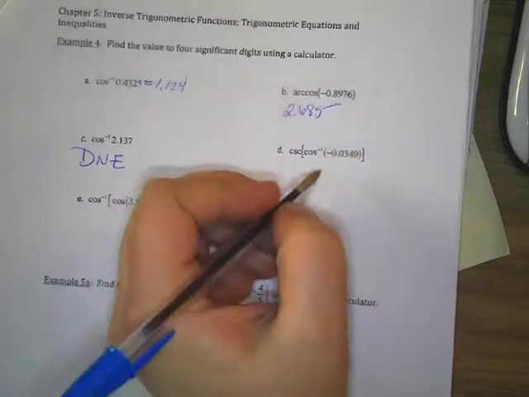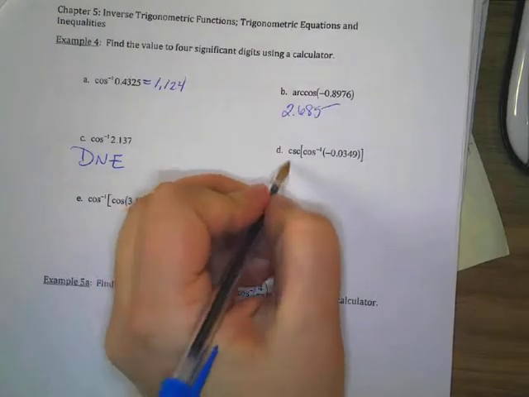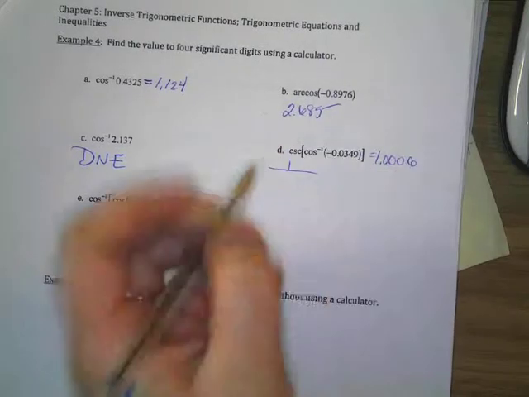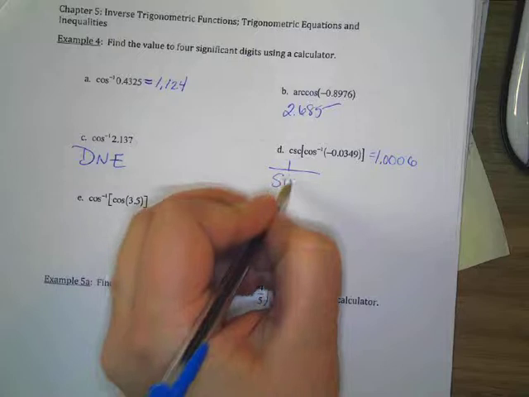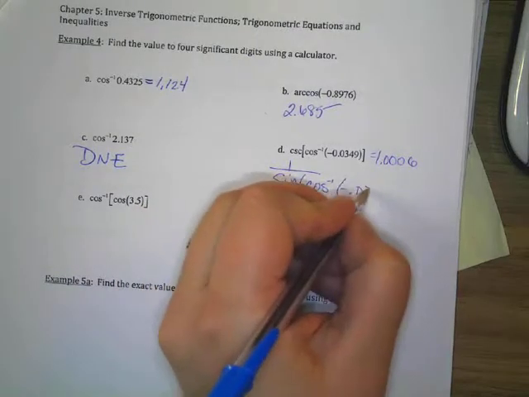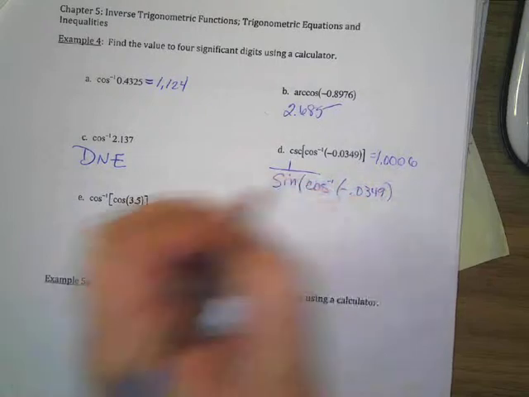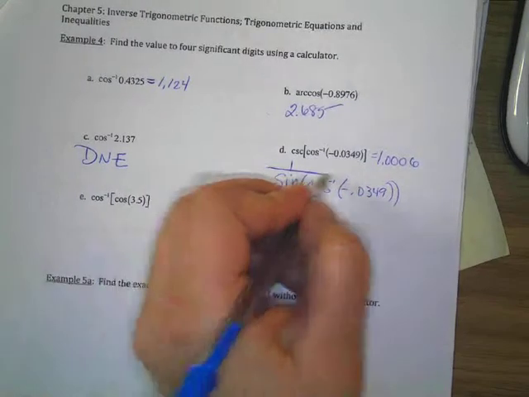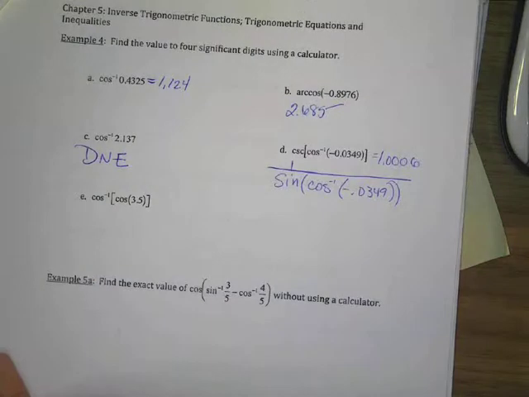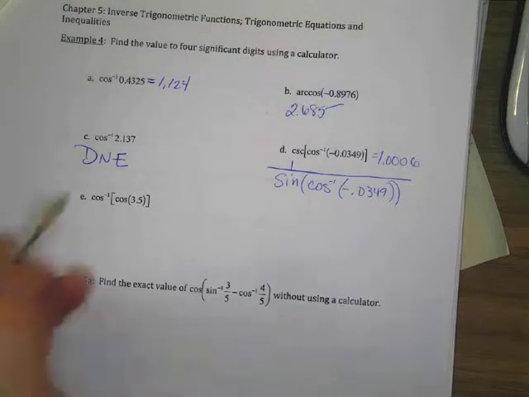What'd you get for this one? How do you do this one? So this is where you go 1 over sine of the inverse cosine, right? What'd you guys get here?